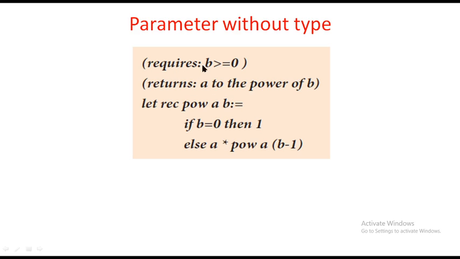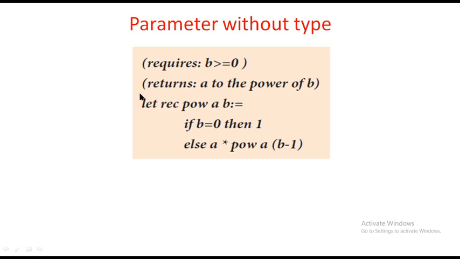Here this is called requires. I need b to be greater than or equal to 0. If b is not greater than or equal to 0, I don't get anything from this syntax. Returns: it should return a to the power of b. This is called function.